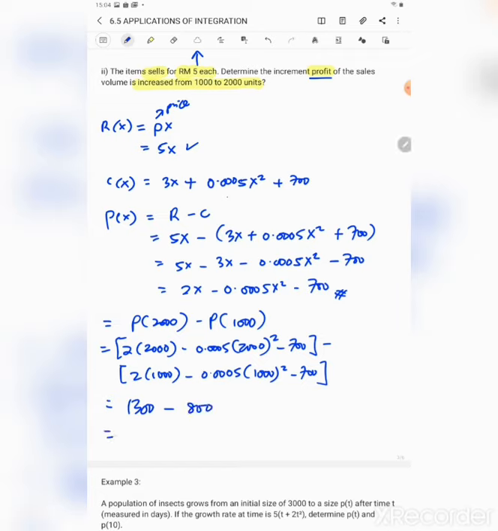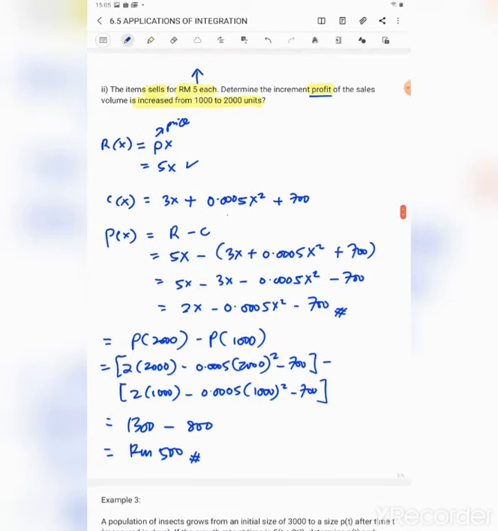Therefore the increment profit for this is equal to 1300 minus 800, which is RM 500. You see, for the units increasing from 1000 to 2000, the profit is 500. Okay, this is for example 2.